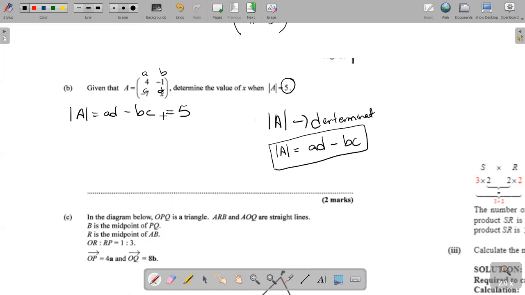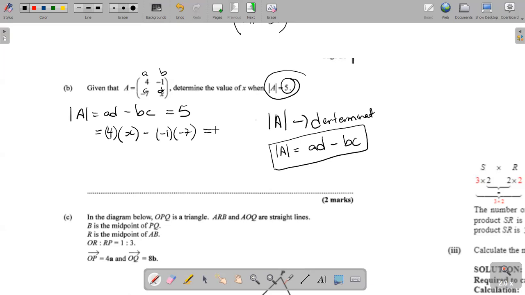So everybody understand this connection right here? They gave us this part. They say it is equal to 5, but we know that it has a formula. So you just have to put it equal to the formula. Now let's substitute. What is A in this example? 4, right? So you have 4 times D. What is D? D is X, minus B. So that's minus -1 times -7.